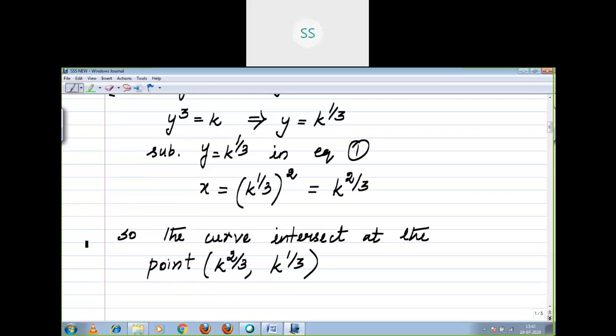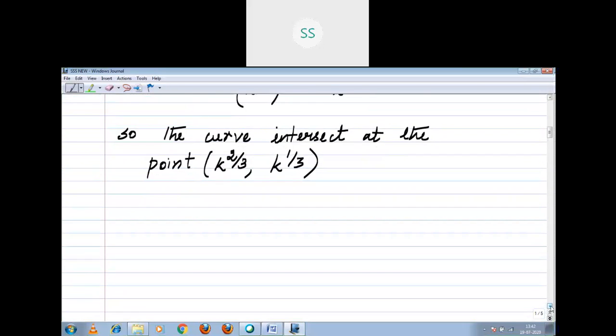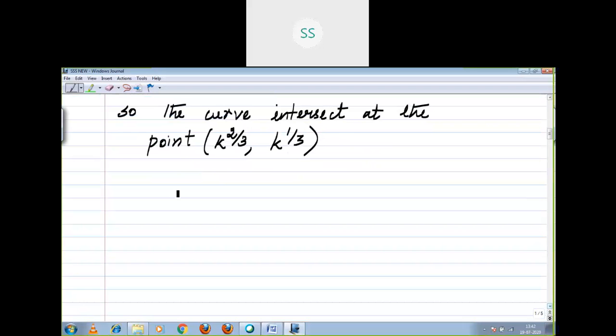Next, we differentiate the curve equations, because when you differentiate you get the slope. We use the concept that the product of the slopes equals -1. For that we find the slopes. First equation: x equals y square.